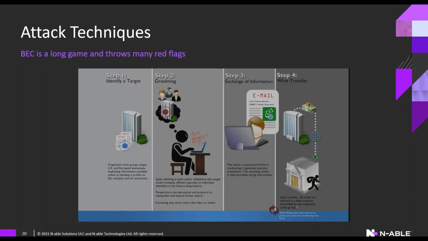And once the attacker thinks they've got them on the hook, then they'll give them instructions for the next step, for the actual payload, the actual payout, which can be the aforementioned credit card, gift card scam, or it could be direct wire transfers.